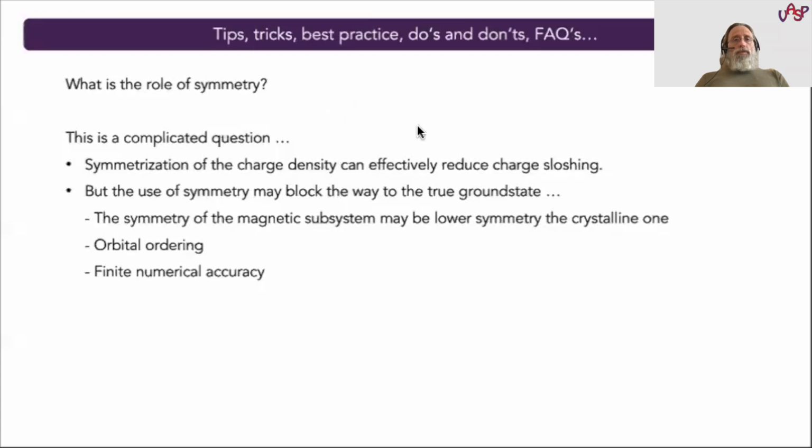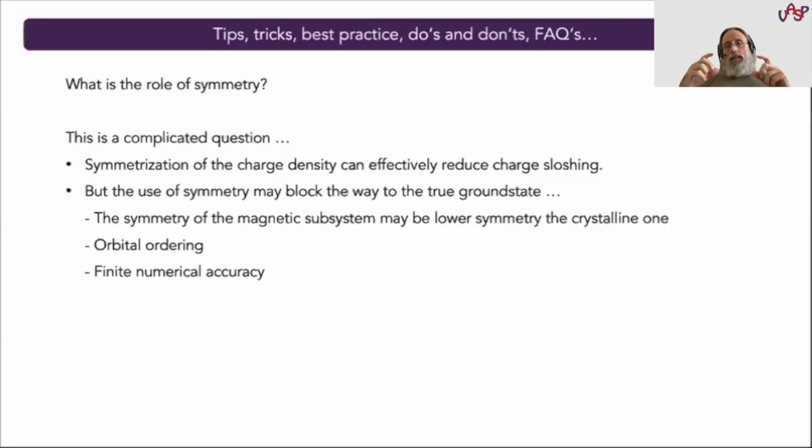What is the role of symmetry in this? Now, this is a complicated question. Using symmetry, so symmetrizing the charge density, can effectively reduce charge sloshing. If you think back to the very first example of charge sloshing, you had these two sites that were identical, and two electrons were hopping from one to the other and back and forth, whereas you would have liked one on one and one on the other.